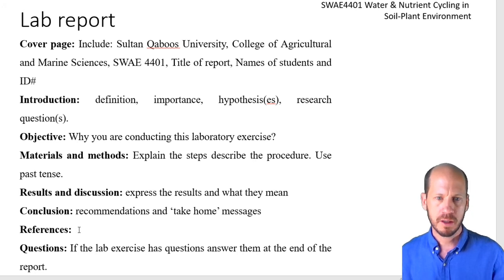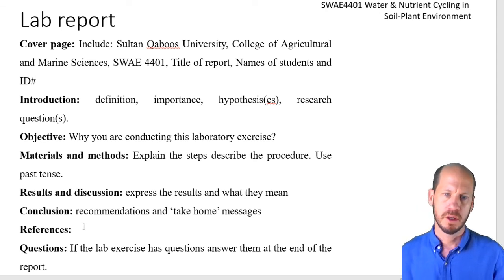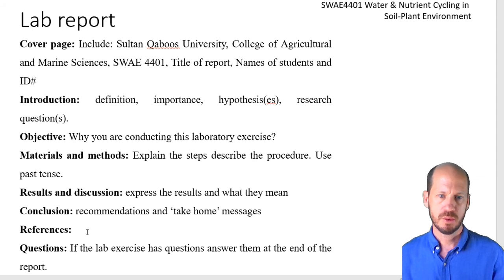But mimic common scientific publications in referencing your work. Every key statement in your introduction and discussion and every method from your materials and methods should have a reference. And these references must be listed in this section at the end of your report.